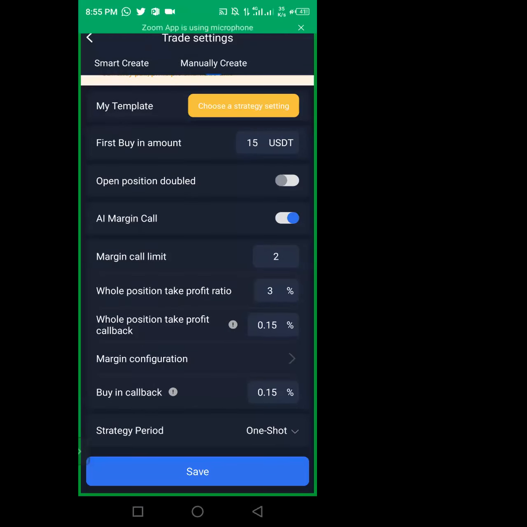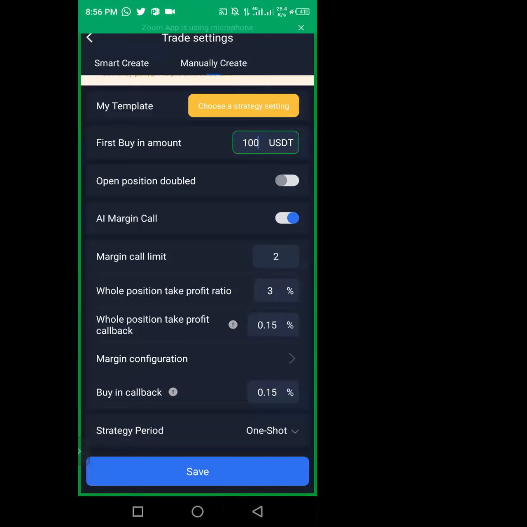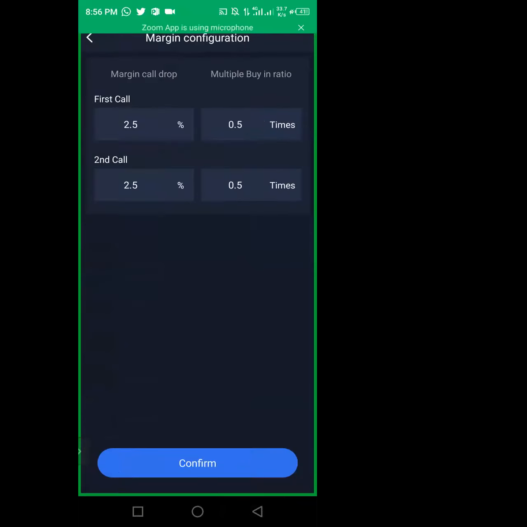So what the AI margin call will do now: maybe you start this coin and, instead of going up, the coin started going down. When immediately you enter the signal, instead of the coin going up, it now starts going down. When it gets to this, your first call, this 2.5 position, the drop here, it means the coin is going down.